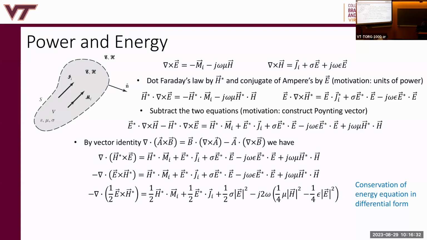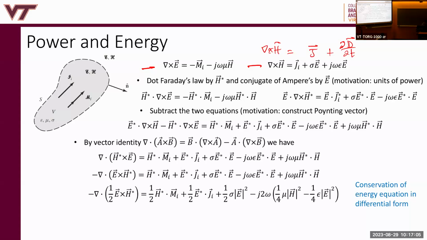So Ji, Mi. So Maxwell's equations must be satisfied. Curl of E is minus M minus j omega mu H, and curl of H is J plus sigma E plus j omega epsilon E. Right? Okay, so we've seen this as J. The curl of H is equal to J plus partial D, partial t, right?